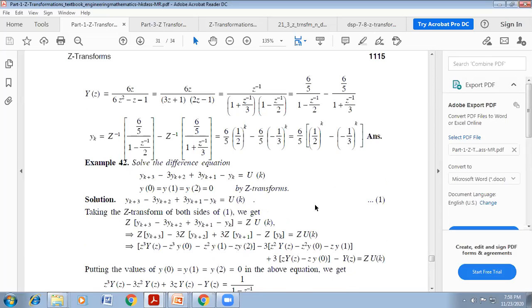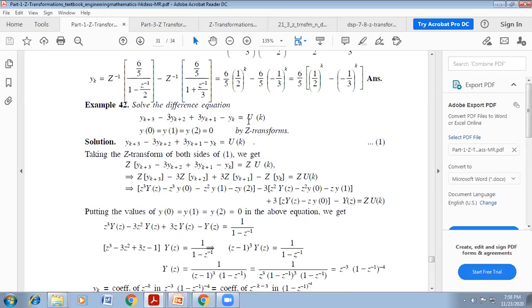A similar process we can use to solve this one. This equals uk, and y0, y1, y2 etc. are 0. Three initial values are given, remember it, because this is the third order difference equation. So for a third order difference equation, there are 3 values assigned. Now by Z transform we can solve this, taking Z transform on both sides.